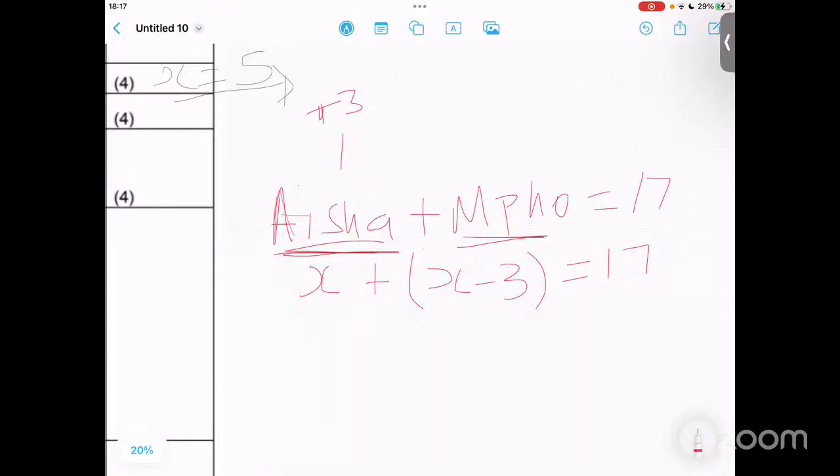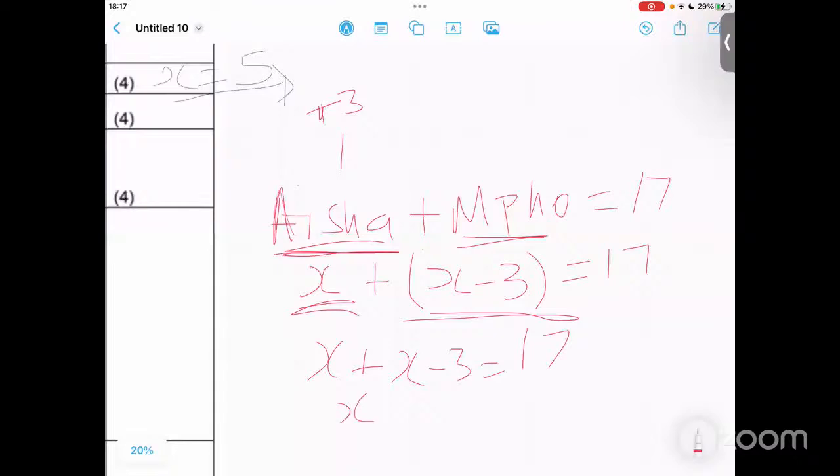Okay. Now, remember this age is for Mpho and this one is for Asia, right? We're going to take 3 to the other side. And before we do it, let's remove the brackets. So it's going to be x plus x minus 3 equal to 17.